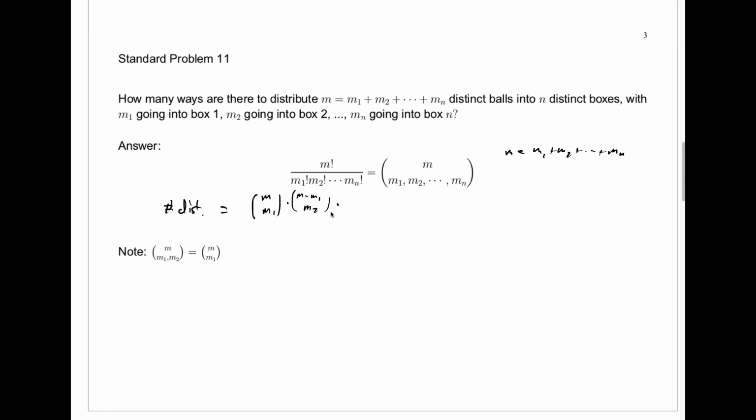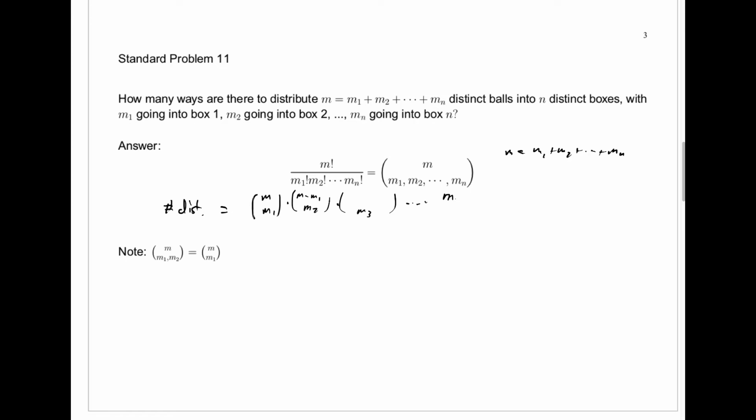How many ways can we fill box 3? We'll have M minus M1 minus M2 balls left, and M3 have to go into box 3. And that will keep going until the last box. I'm sorry, I didn't write this properly. Let me state this again.